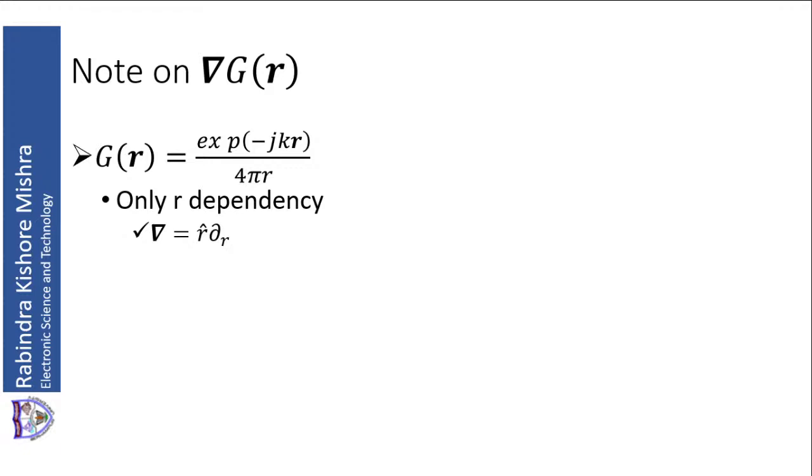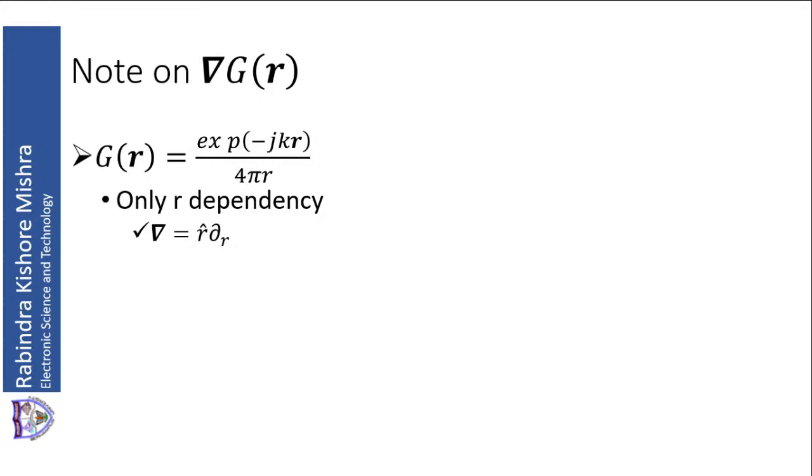There is no dependency on phi or theta. Therefore, when we consider the gradient operation, only the r part will be there. The theta cap and phi cap parts, dou by dou theta and dou by dou phi, will be 0. They will not be considered.